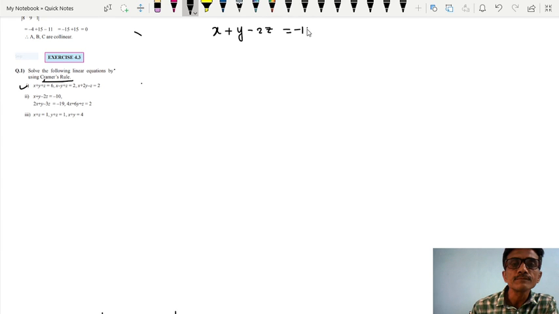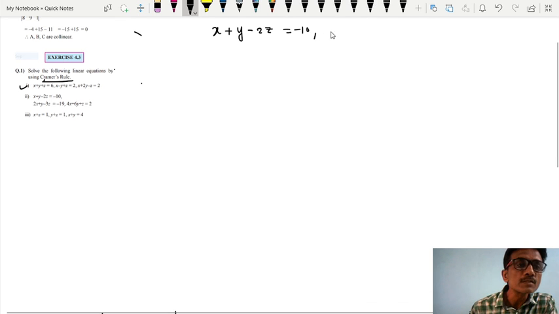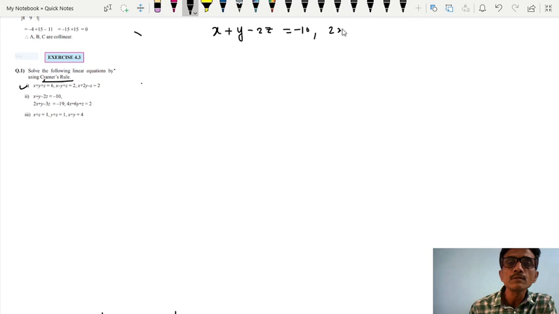Minus 10. Then the next is 2x plus y minus 3z is equal to minus 19.